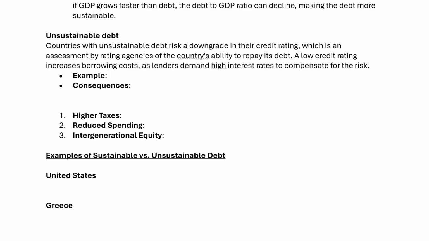An example would include a country like Greece during the European debt crisis. During the European debt crisis, Greece's credit rating was downgraded, making it difficult and expensive for the government to borrow.